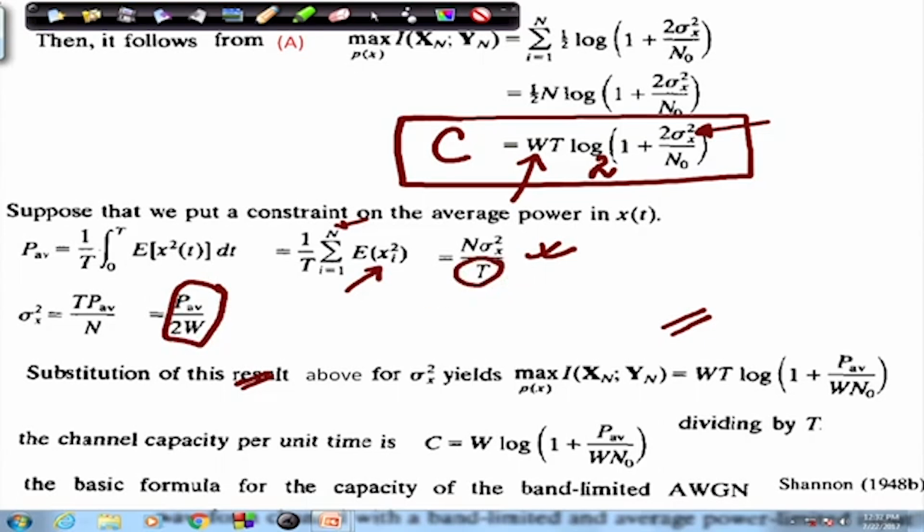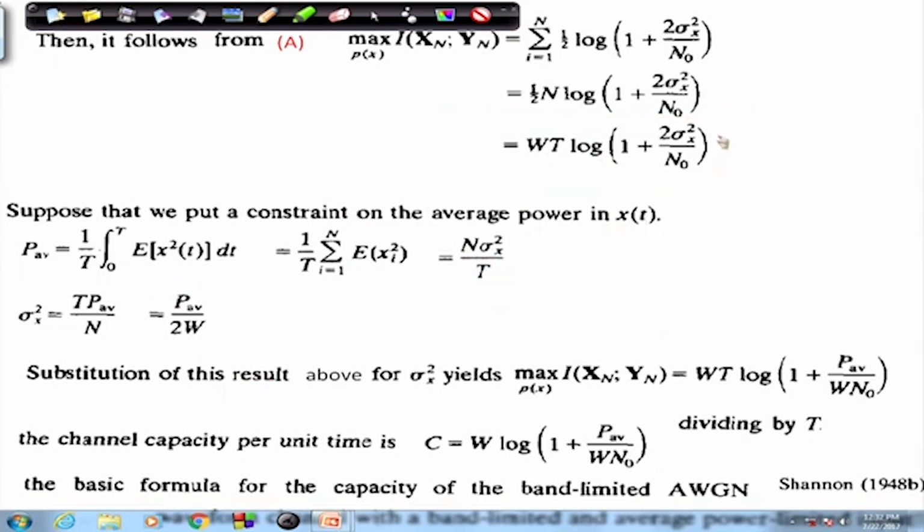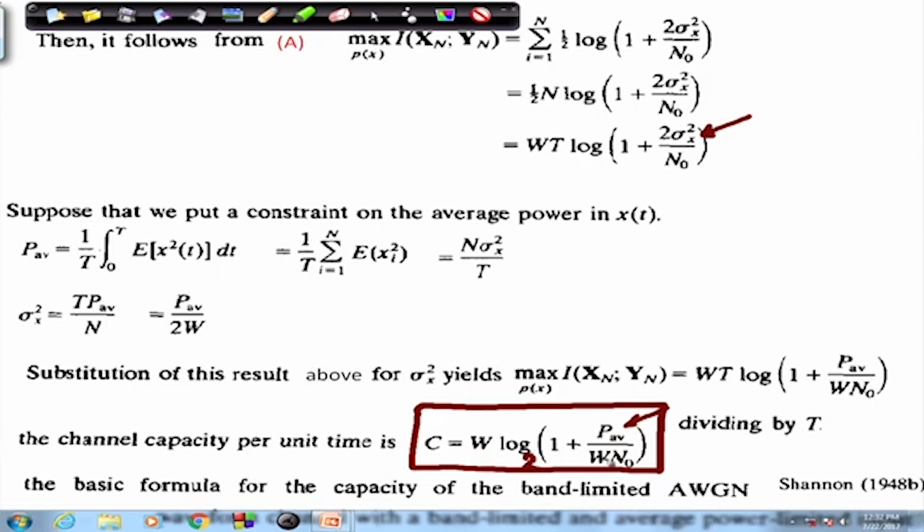So, you could use this result. If you fit this result into sigma x squared, you will end up with the expression of channel capacity, which is given by C is equal to W log base 2 of 1 plus average transmit power by W n naught.